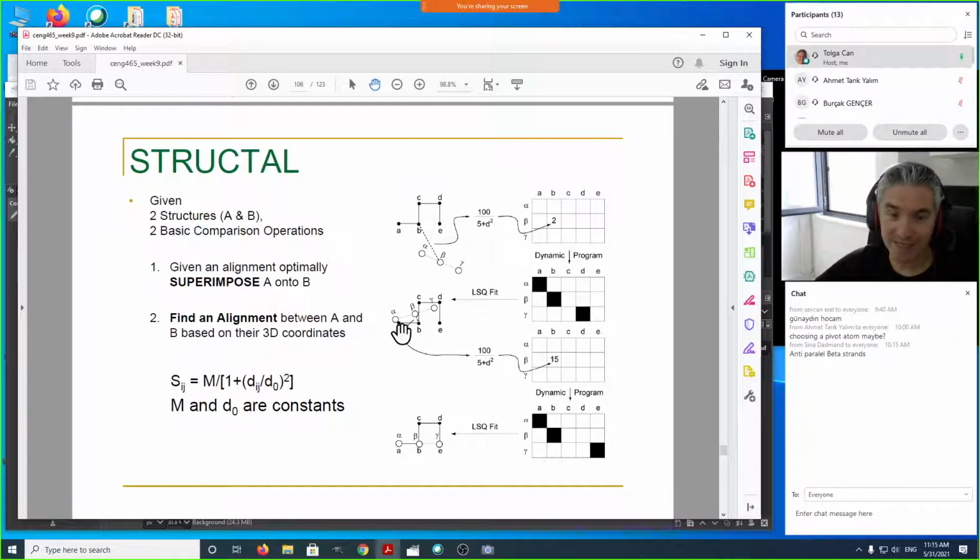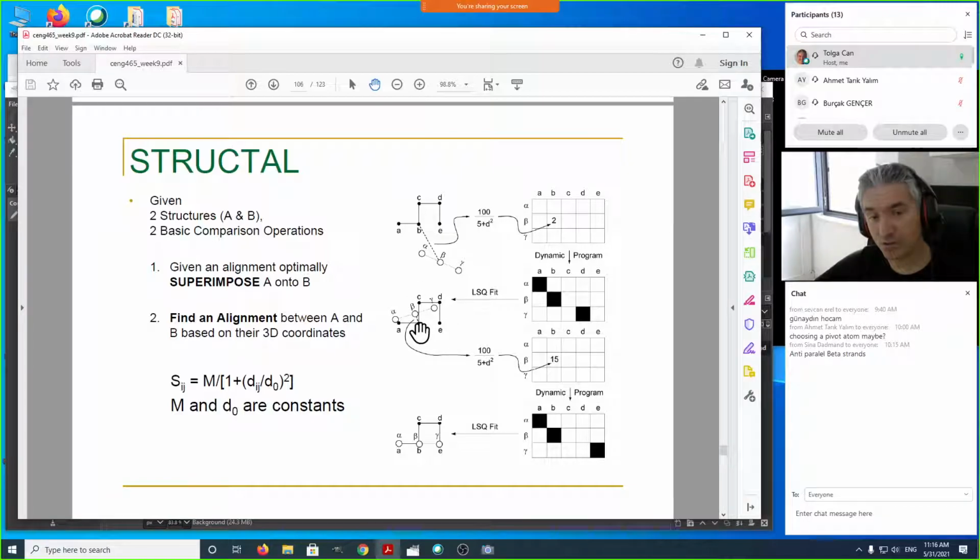So the orientation of this second molecule, alpha, beta, gamma, is superimposed in such a way that it's as close as possible to A, B, D.